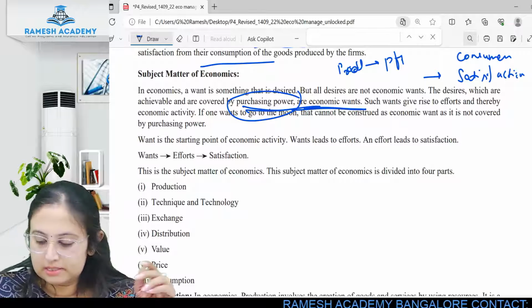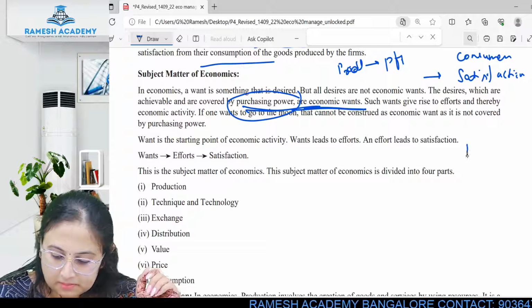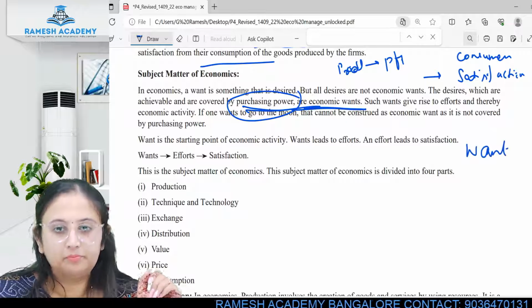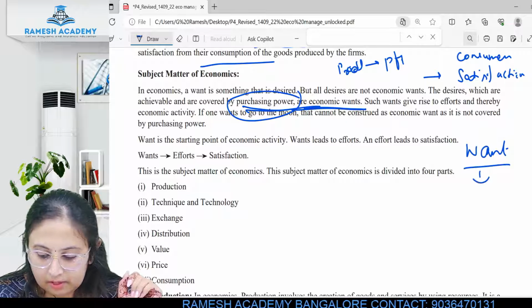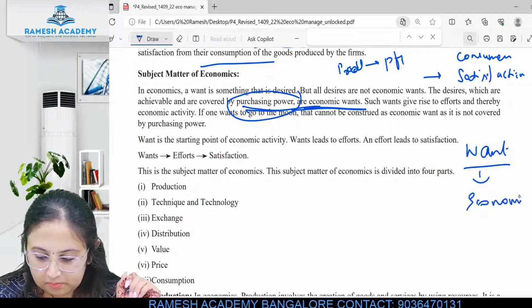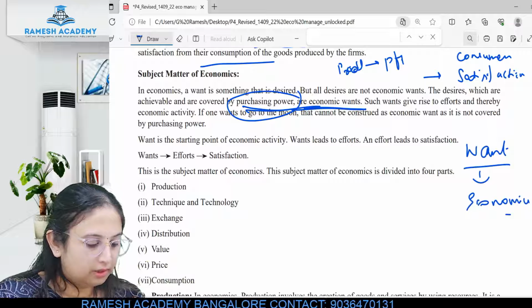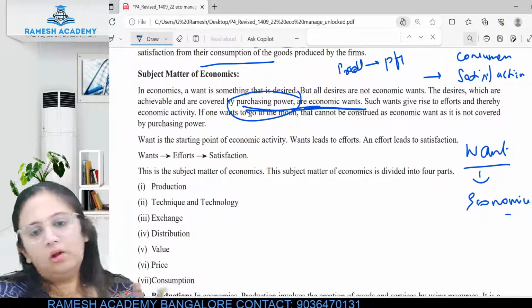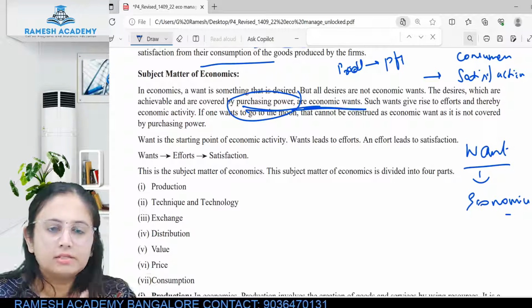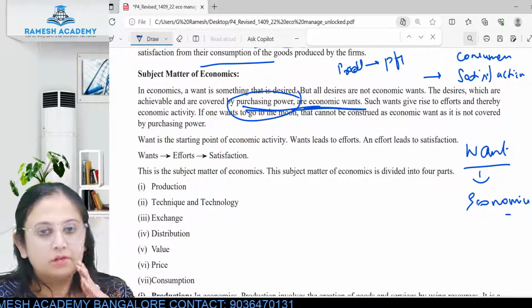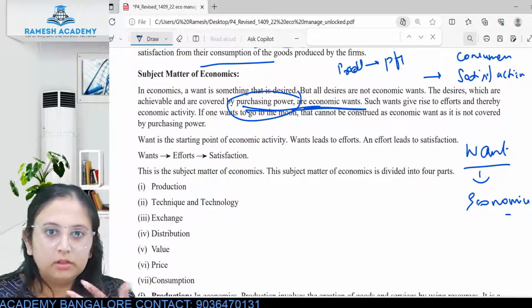Now we need to understand the term want in economics. Want according to economics I am talking about. So what is this want in terms of economics? We all know want means something which we desire to achieve, or something which we want to get.